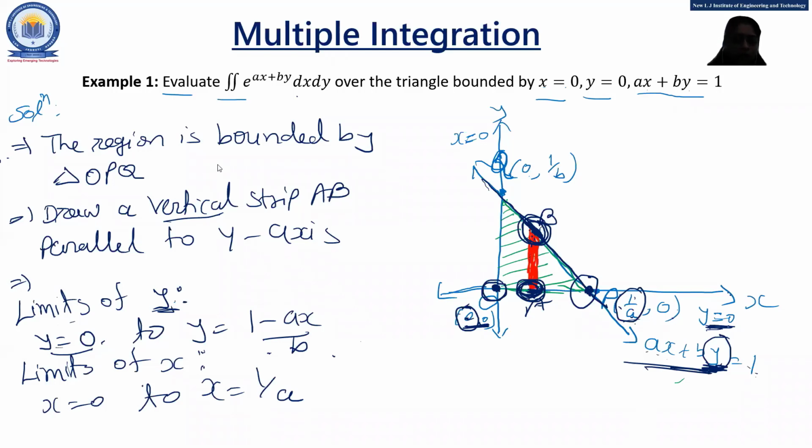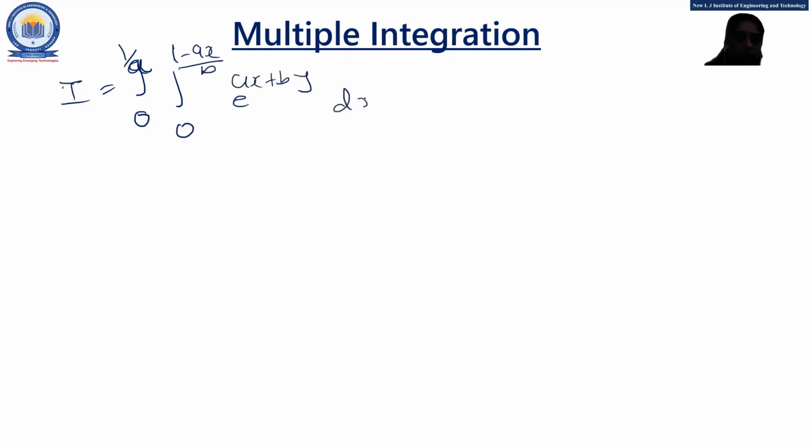Now let's move on to the next point. Here we have decided our limits of x, right? So the integration I = integral of x from 0 to 1/a, integral of y from 0 to (1 - ax)/b, e^(ax + by) dx dy.